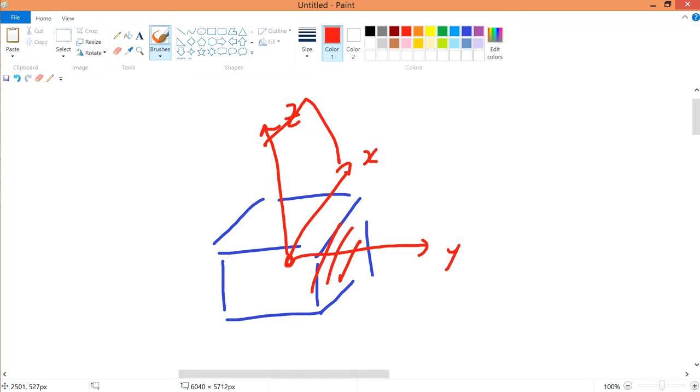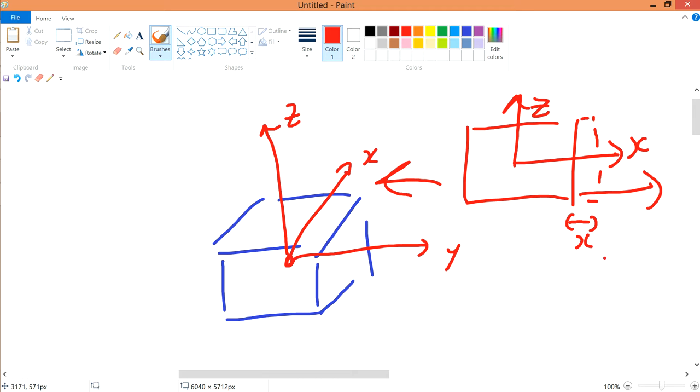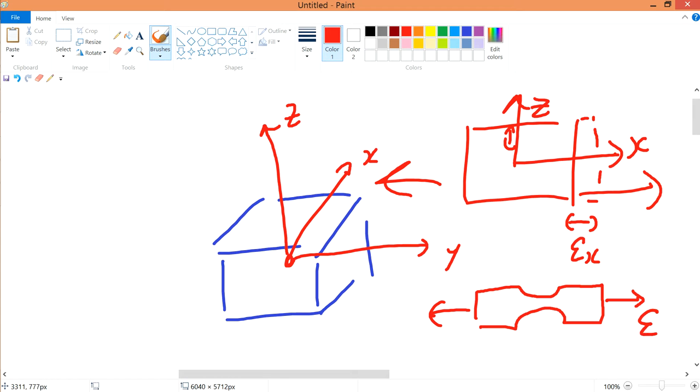If you take a look at this plane, this is our X, this is our Z. If I were to pull X in this direction, the strain in X is this. This is the strain in the X direction, and then the Z direction will change. In other words, you'll see that your material is somewhat like that. So this is the strain X, and over here this is the strain Z in the Z direction.